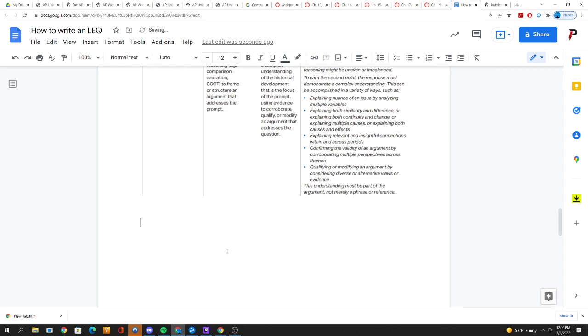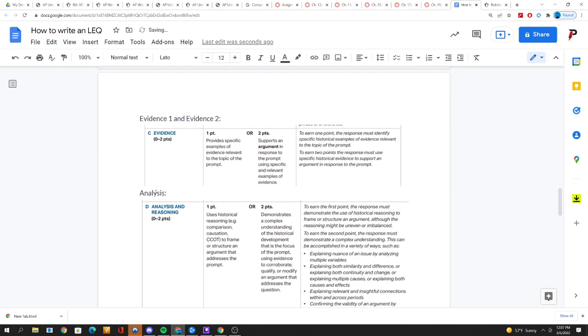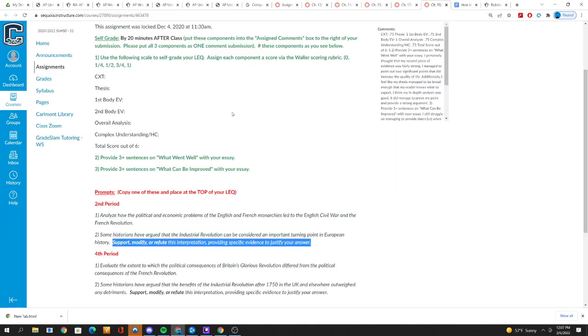You're going to have your contextualization, you're then going to lead that into a thesis, and then you're going to have body paragraph 1, body paragraph 2, and then you're going to have your conclusion, which is going to consist of something called a historical connection, which I didn't mention in this portion with the analysis, but it's part of your analysis, and I can show you what an example essay looks like.